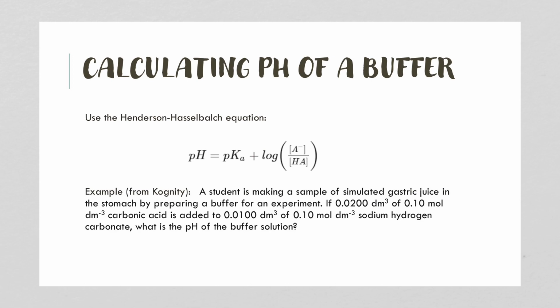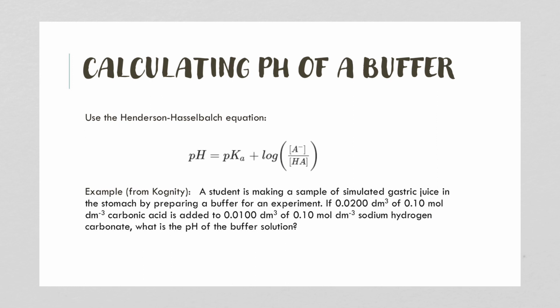If you recall from last year when we learned about acids and bases, we learned how to use the Henderson-Hasselbalch equation. pH is equal to the pKa plus the log of the concentration of the base over its conjugate acid. This is our example from our textbook.